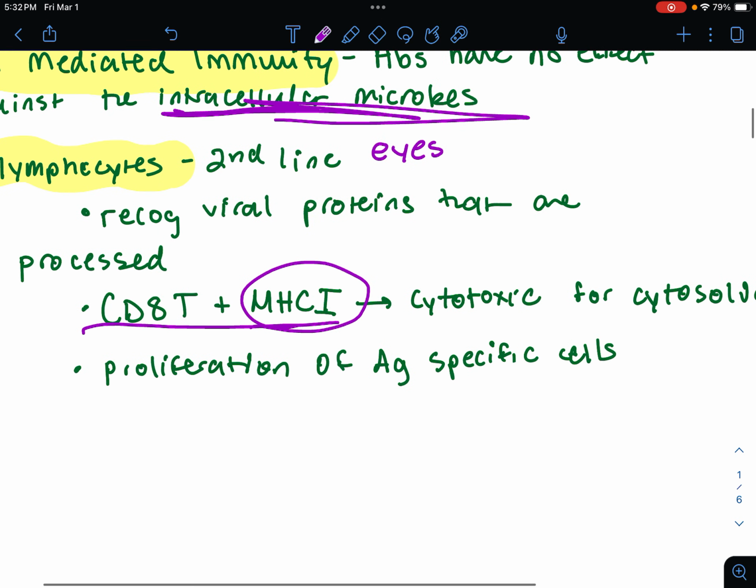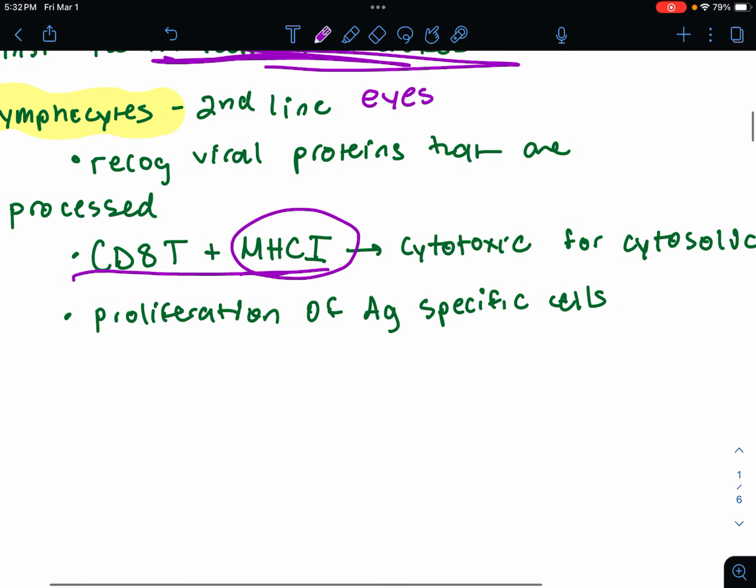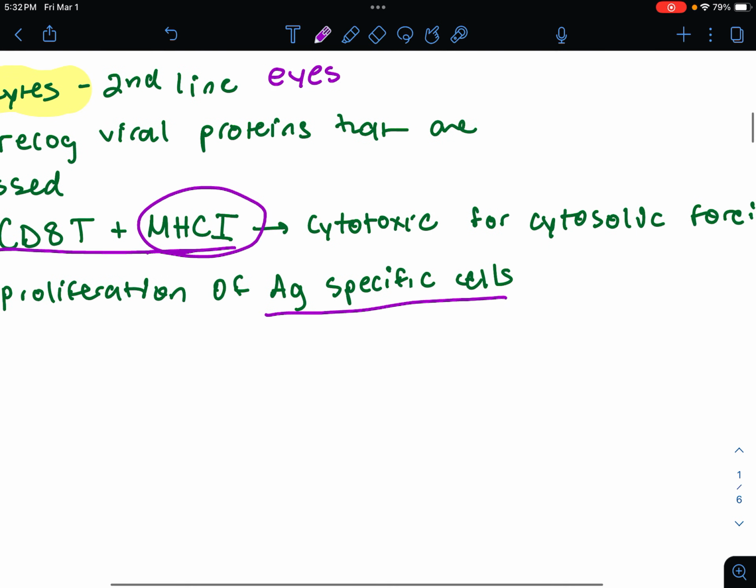When there's the presentation, and the CD8 will recognize the antigens on that surface of the cell with the MHC, this is going to lead to the proliferation of the antigen-specific T cells. And then, of course, you could have cytotoxic T cells, you could have T helpers. But it looks like it got cut off, so I'm going to have to move to the next portion.